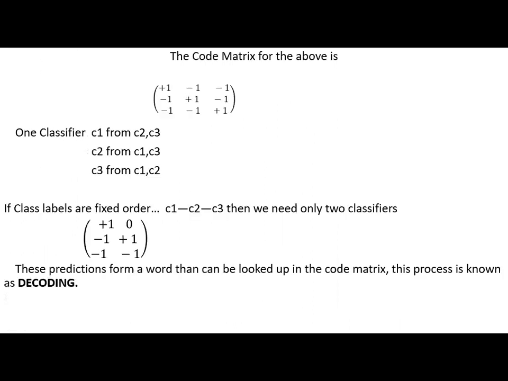Now the code matrix for the above is given as +1, -1, -1, +1, -1, -1, -1, +1. One classifier separates C1 from C2, C3, another C2 from C1, C3, and C3 from C1, C2. If class labels are fixed at C1, C2, C3, then we need only 2 classifiers. This process is known as decoding.